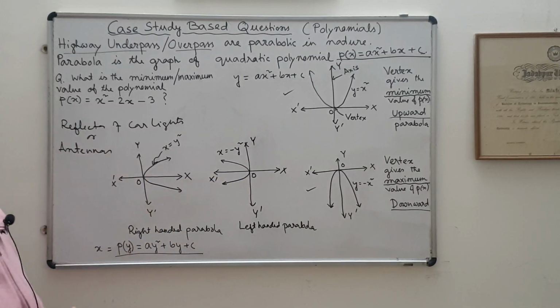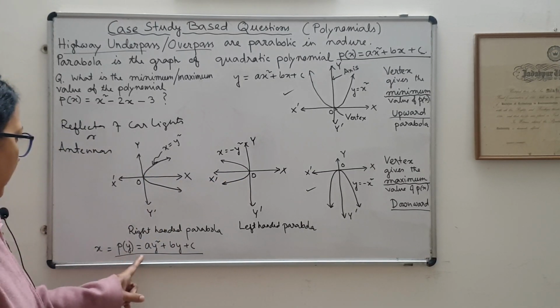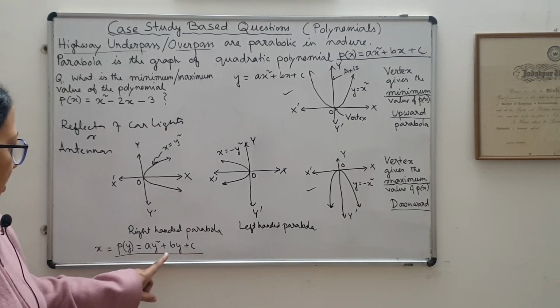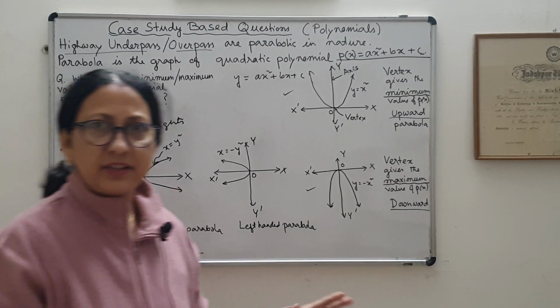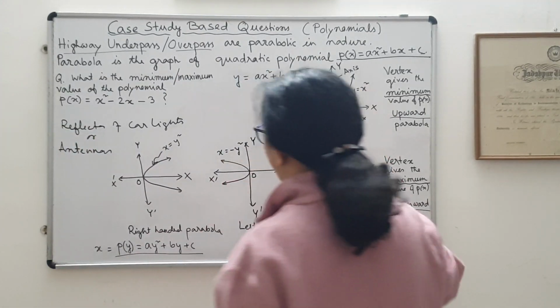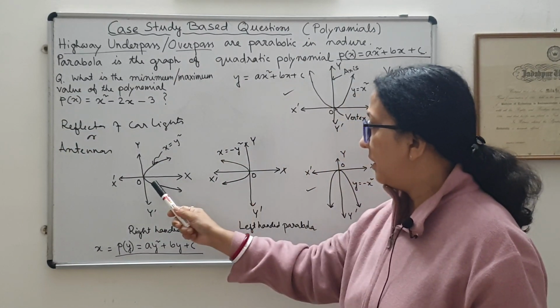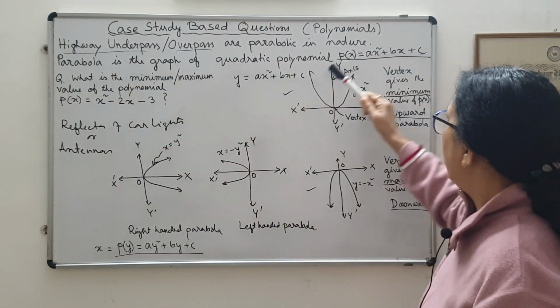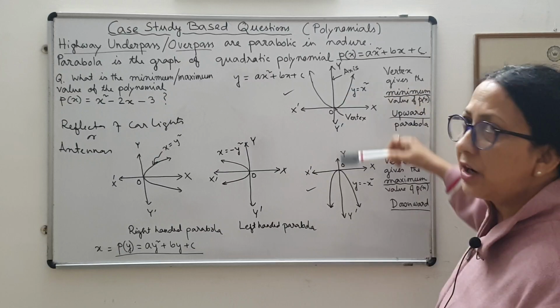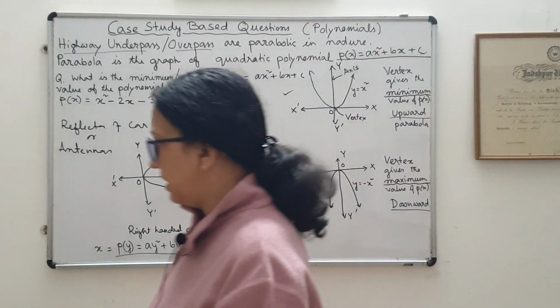Then these two parabolas will be taken into account. Okay, so looking at the equation or the polynomial, we can know about the nature of the parabola, whether it's upward, downward, or left-handed or right-handed. Now in this case it is highway, underpass, overpass, so we will be concerned only with these. These two will come in our mind. We will not think about these two.